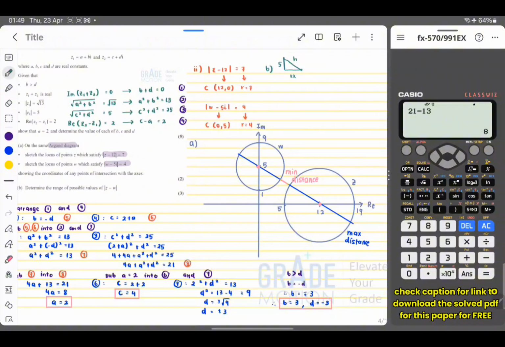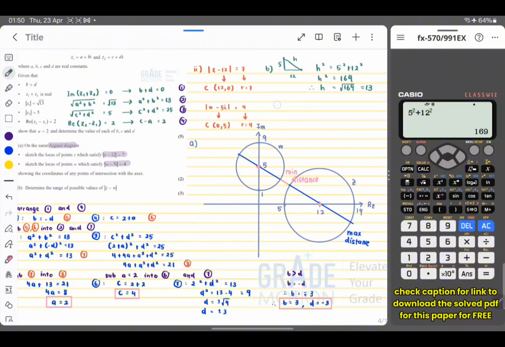So h squared equals 5 squared plus 12 squared. That is equal to 169. Therefore, h is equal to the square root of 169, which is 13.